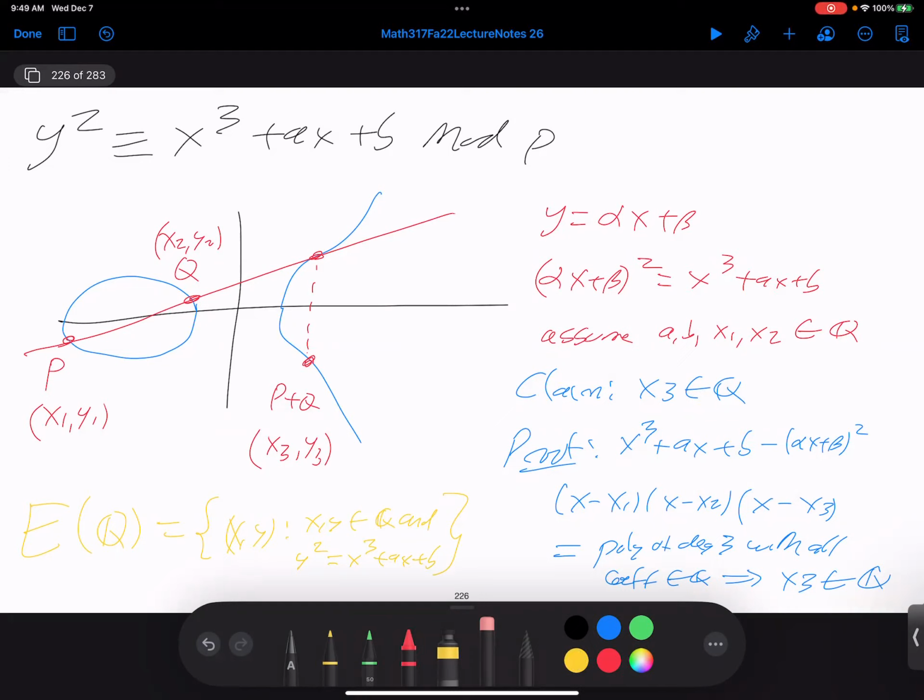And the last one is actually surprisingly hard to prove here. It's associativity, that (P plus Q) plus R is the same as P plus (Q plus R). It can be done by writing down very explicit formulas for the coordinates of sums of points and going through very painful algebra, or there's some tremendously advanced math that you can use.